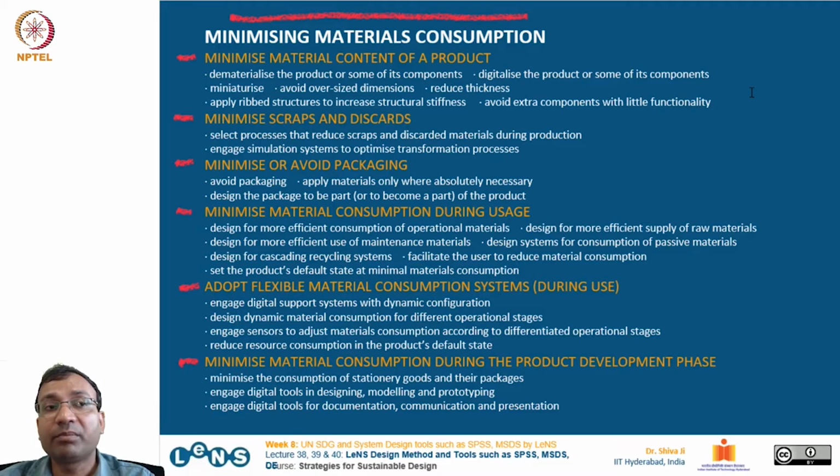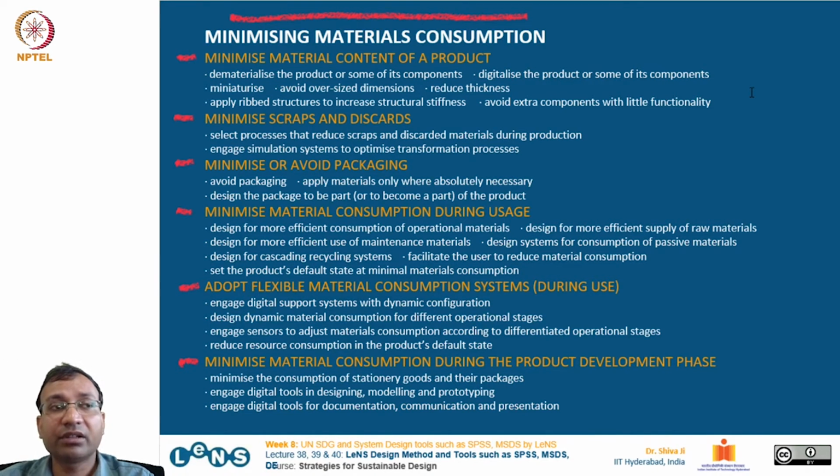Design the package to become part of the product, because the moment the product is delivered to the user, the packaging usually gets discarded immediately. So the lifespan of a packaging material is very short compared to the product. How this disparity can be minimized is the objective over here.